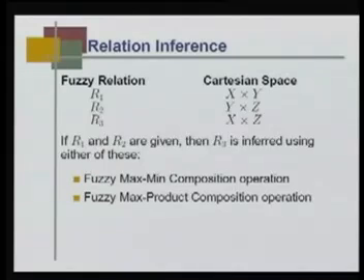So, let us define R1 over the Cartesian product space X and Y, R2 over the product space Y and Z, and R3 over the Cartesian product space X and Z. If R1 and R2 are given, then R3 is inferred using either max-min composition, as we have already discussed, or max-product composition.